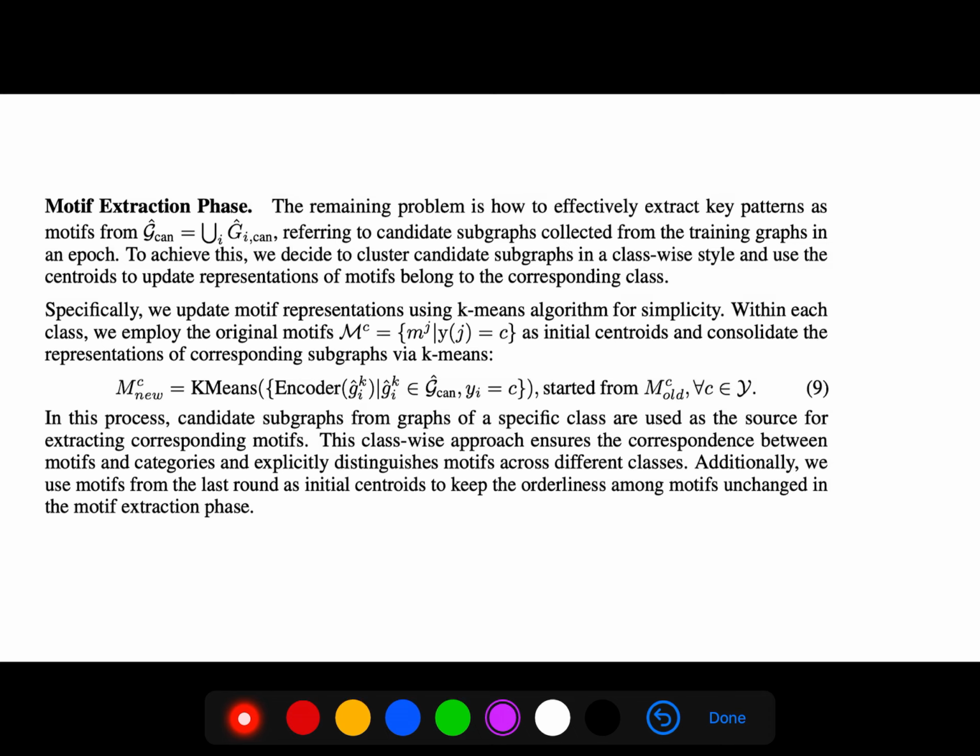So within each class, we employ the original motifs as initial centroids and consolidate the representations of the corresponding subgraphs via k-means. So candidate subgraphs from graphs of a specific class are used as a source for extracting corresponding motifs.